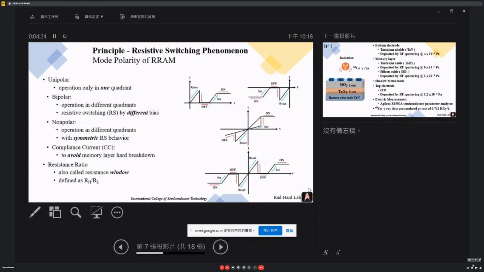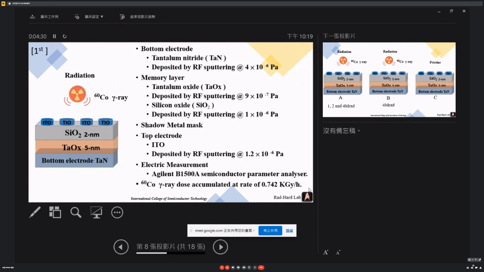Next I will show my structure, which I have optimized, and how I fabricated it. The bottom electrode is tungsten nitride, deposited by sputtering at 180 nanometers. The memory layer is silicon oxide and tungsten oxide.